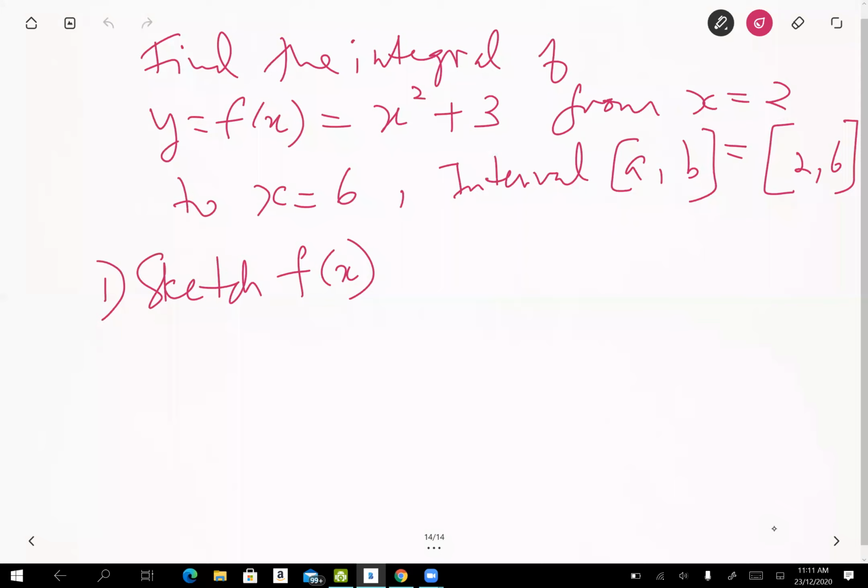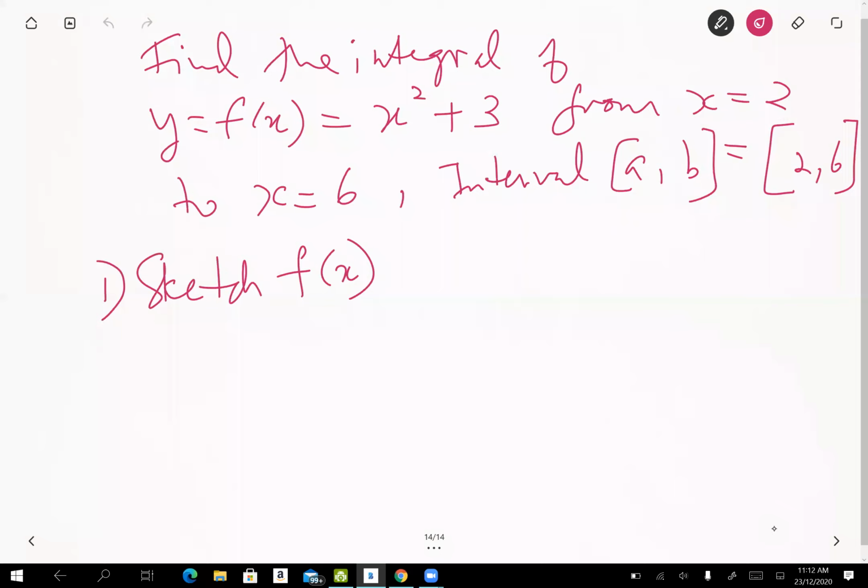Okay, you got it? Okay, Amir Mukhlis, how does the curve look like? What is the y-intercept of the curve? Three.